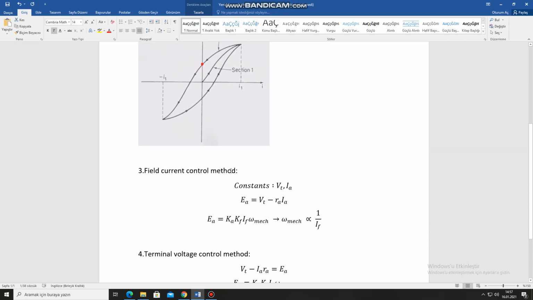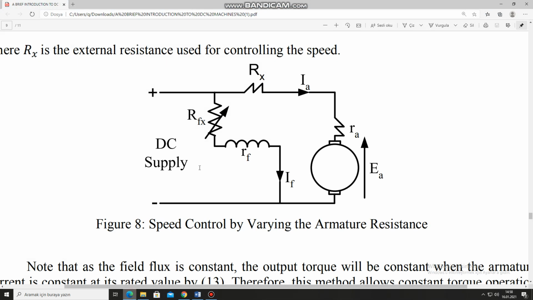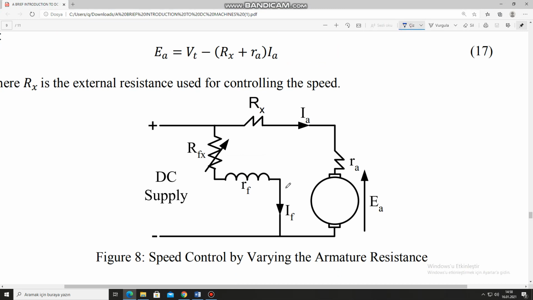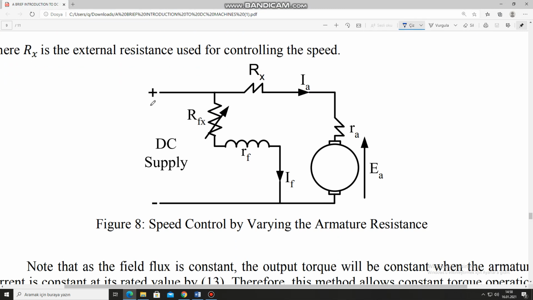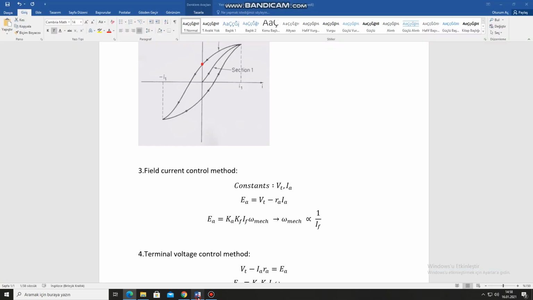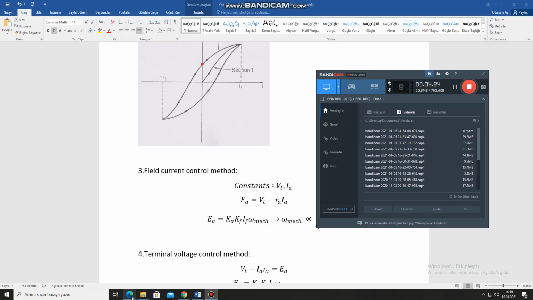It was all about the field current control method. First, let's refer here. In this configuration, we have some constants. Our terminal voltage is constant and our armature current is constant. They were kept constant, and this experiment was conducted with the shunt connection of the DC machine. So this is V terminal, this is constant, and this is the armature current. This is also kept constant, if you remember from the experiment.